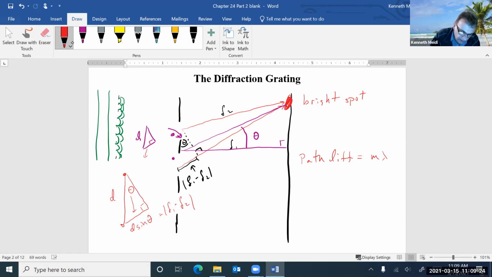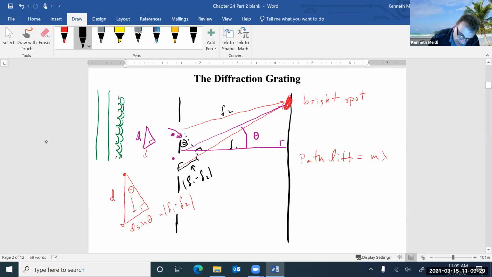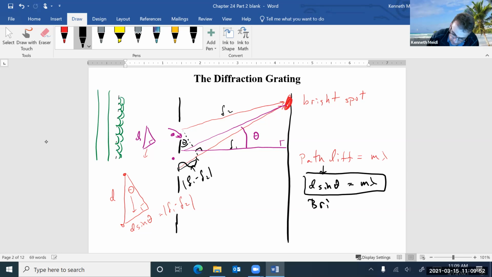So if you're fitting a wave in here, you can fit two, but maybe that holds one whole wave, and then it just repeats all the way down to where it hits the screen, and then the top, or delta 2, that top path has one less wave in it, but that path difference is D times the sine of theta equals m times lambda, and this is for the bright fringes, or the bright spots. These are spots of constructive interference.